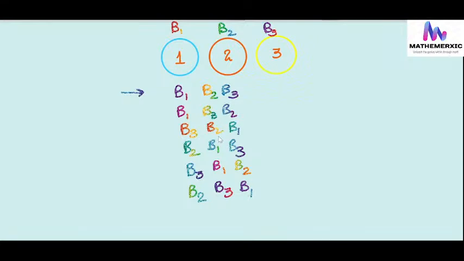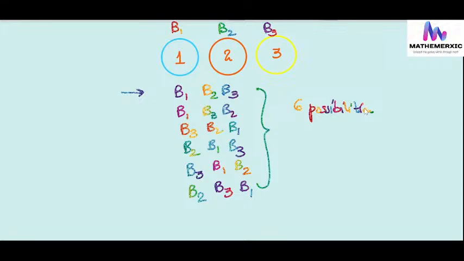I think it's not there. Ball 1 ball 3 it is there. So ball 2, ball 3 and 1. So there are 6 possibilities possible. There are 6 possibilities. Okay.